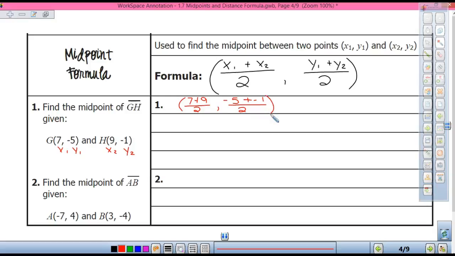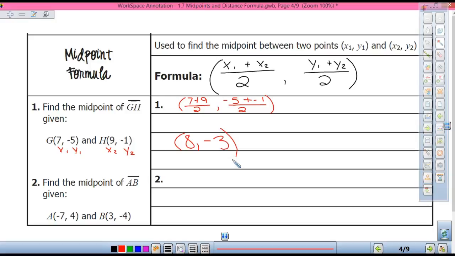So, 7 plus 9, 16 divided by 2, 8, comma, negative 5 plus negative 1, negative 6 divided by 2, negative 3. So this is saying that the midpoint between 7, negative 5 and 9, negative 1, the midpoint is 8, negative 3. Has to be in parentheses.